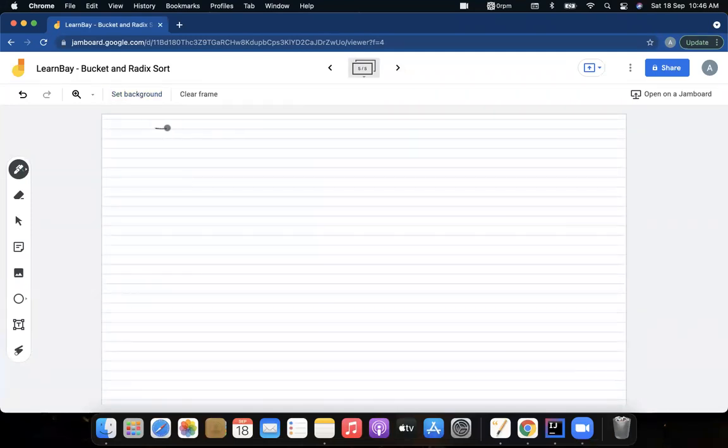So now we have an array. Right? This is the array. It has some numbers, and the range of numbers belong to 0, 1, 2, up to k minus 1.